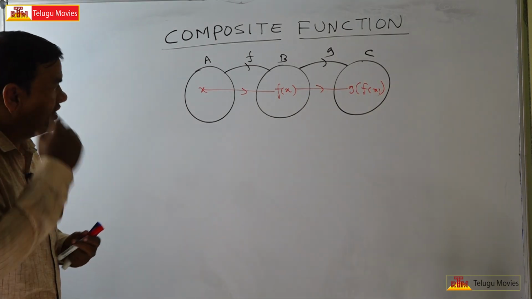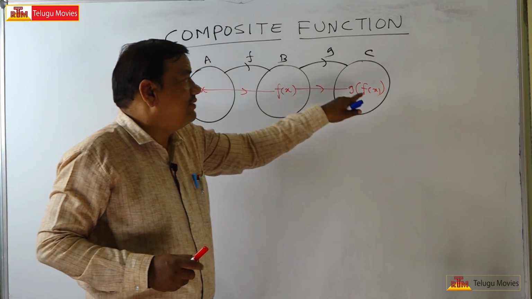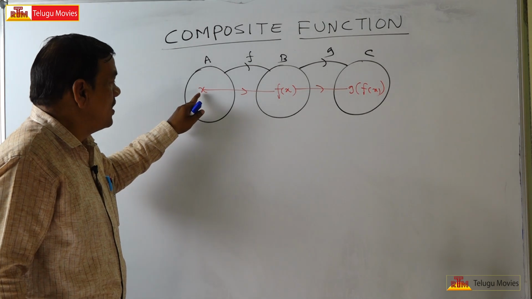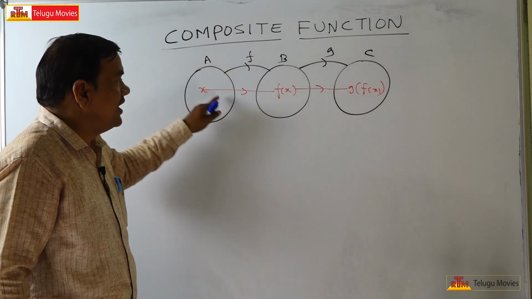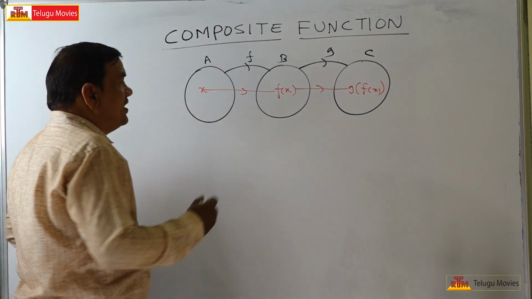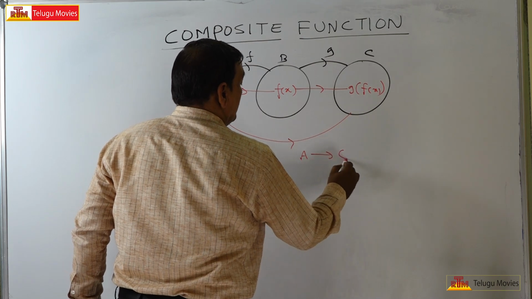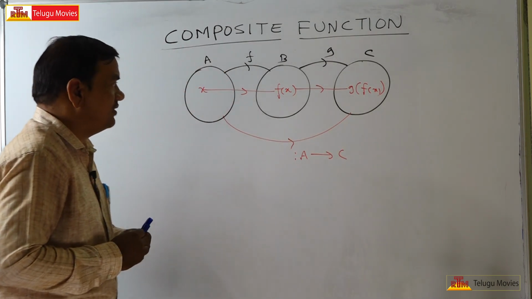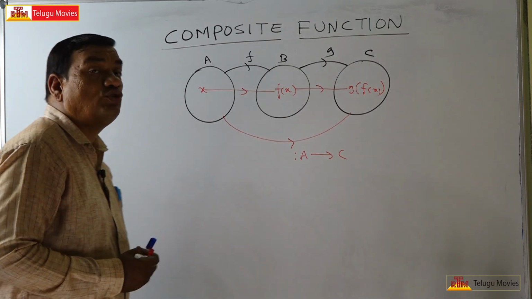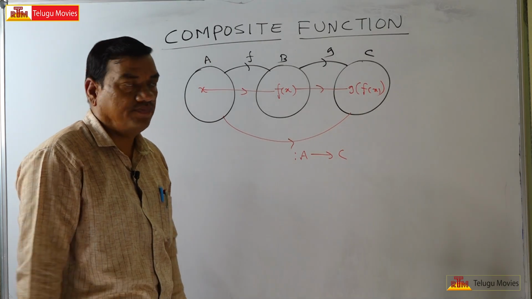From this, what can you say? Given an element x in A, there exists its image in C. Definitely, there will be a function from A to C. The question is what name should be given to this newly formed function.